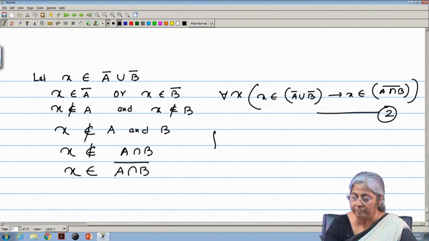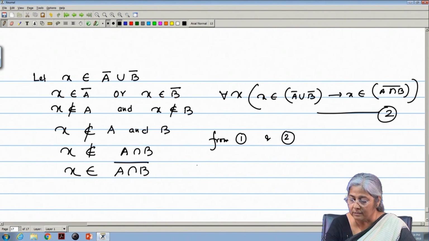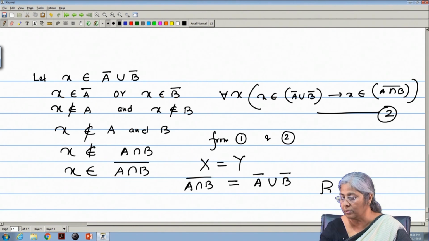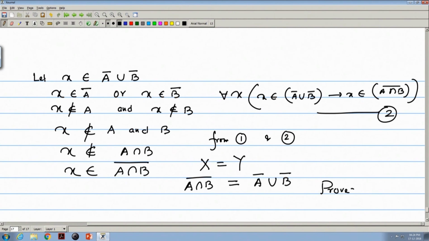So, again from 1 and 2 we can infer that X equals Y. That means A intersection B complement is A bar union B bar, and this is how one part of De Morgan's law is proved.